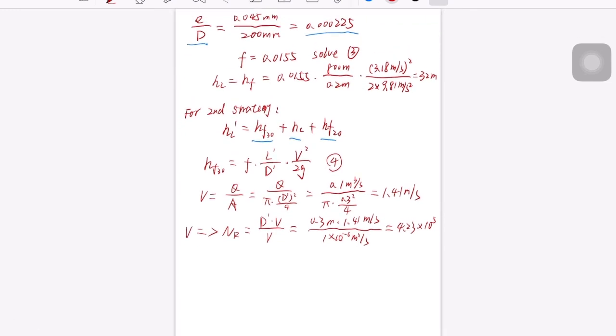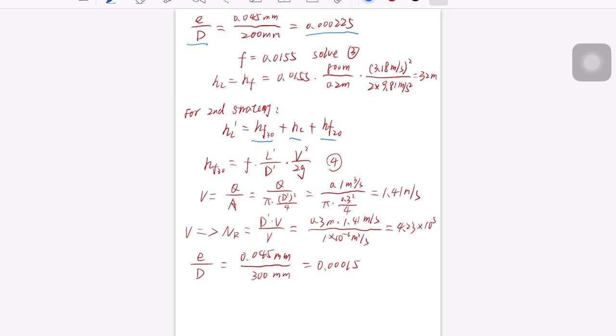And the relative roughness equals 0.045 millimeter divided by 300 millimeter. So this value is 0.00015.